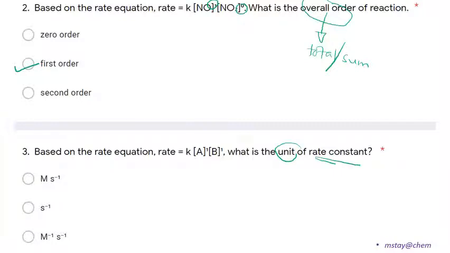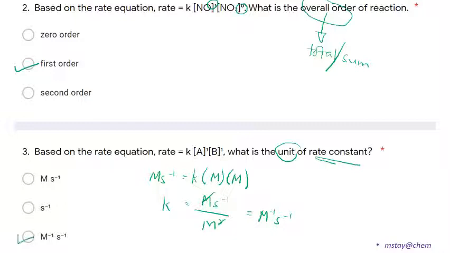As we know, the unit for rate of reaction is molar per second, and the unit of k we have no idea. The concentration of A is M, and the unit for the concentration of B is also M. So M per second over M squared, we end up with the unit per molar per second. So the answer is the third one.